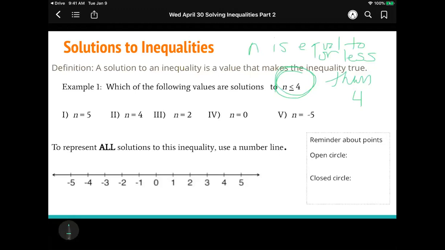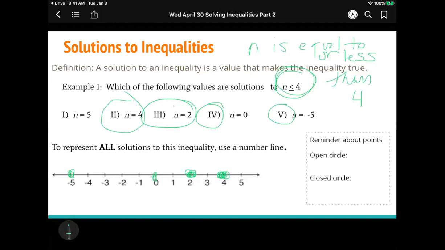There can be more than one. 5. 4. Oh wait, and 4. n equals 4, because it's less than or equal to. Also 3. Also 2. All right, so all of these things make it true.